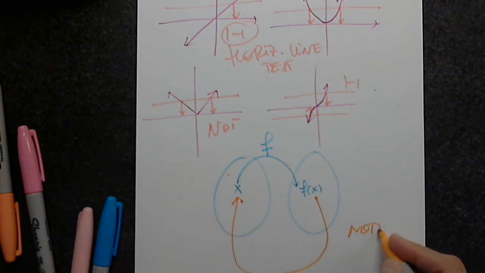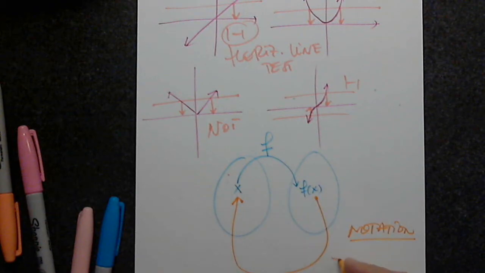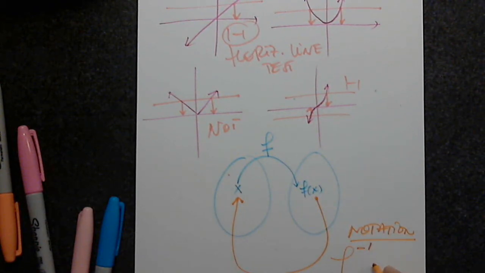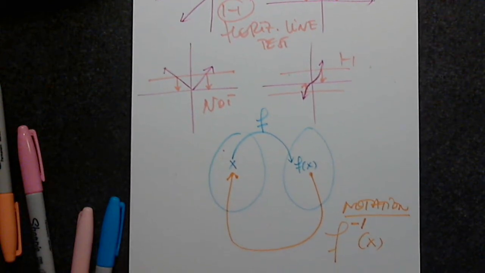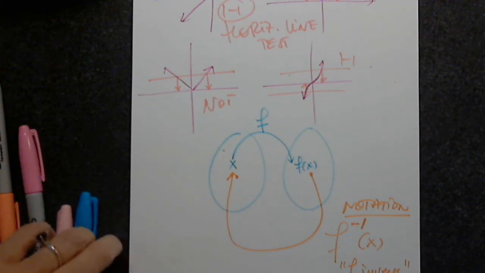Notation for the inverse function of f: f inverse. It's -1, but it's not 1 over f. So it's f inverse, the inverse function of f.